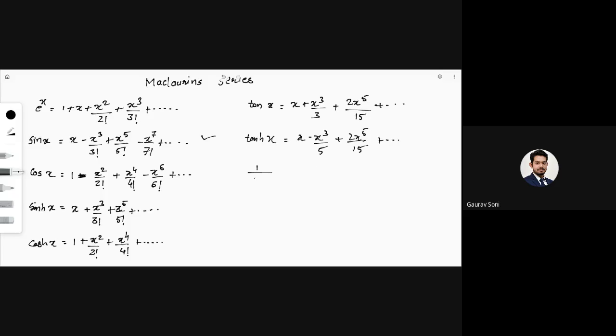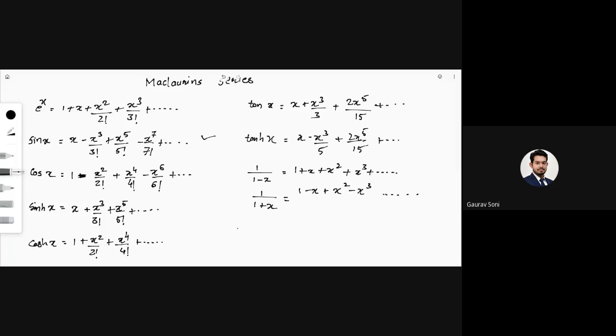1 upon 1 minus x is 1 plus x plus x square plus x cube and so on. This is a very important series. Even in M3 you will need this. 1 upon 1 plus x is with alternate plus minus signs: 1 minus x plus x square minus x cube and so on.